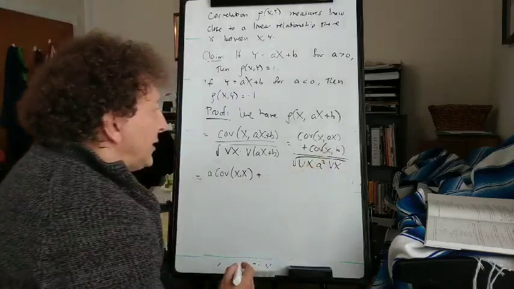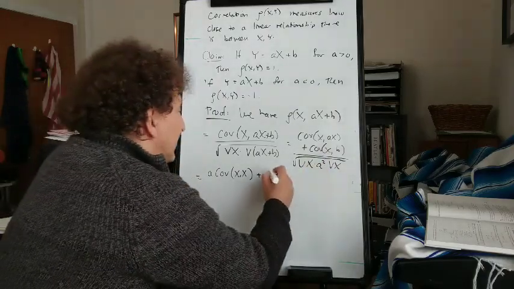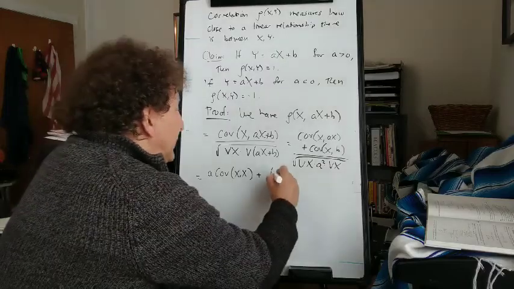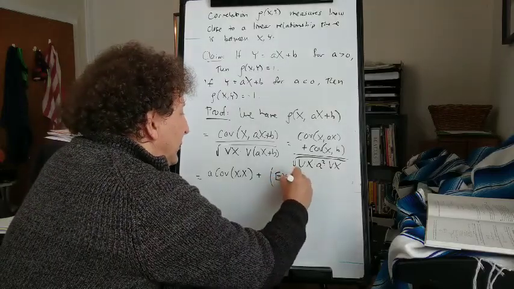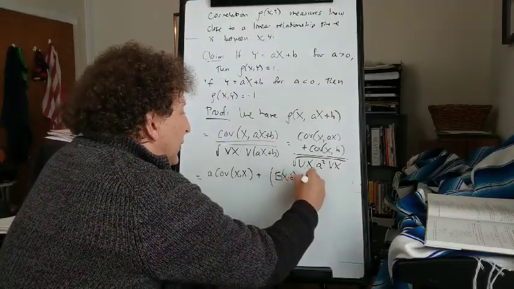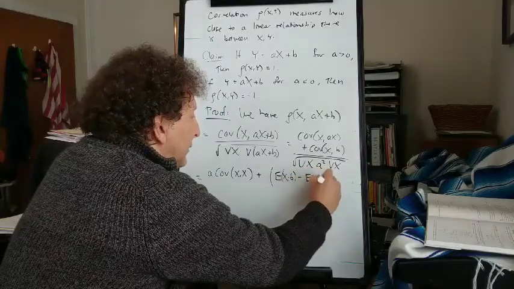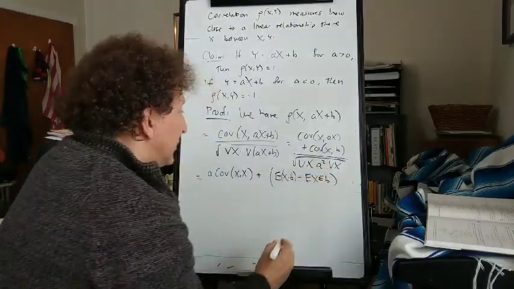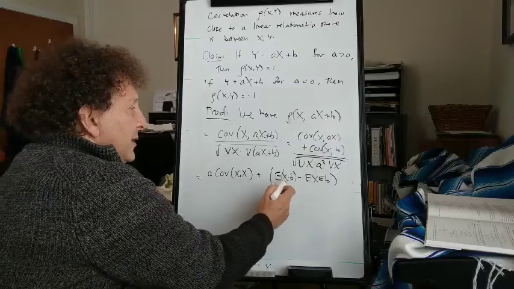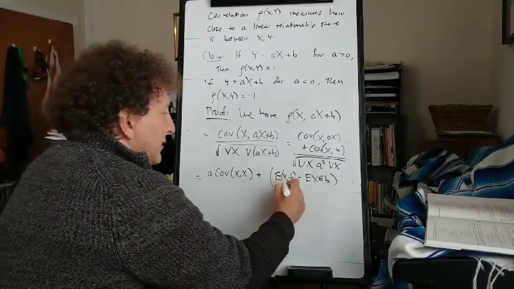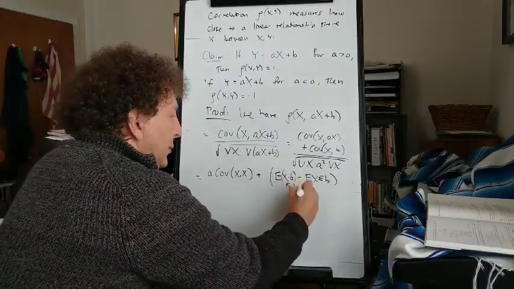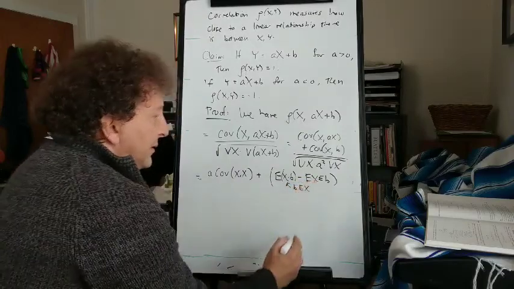Now to see what the covariance of x with b is, let me write this out. It's the expected value of x times b minus the expected value of x times the expected value of b. Now expected value is linear, so we can rewrite this as b times the expected value of x.